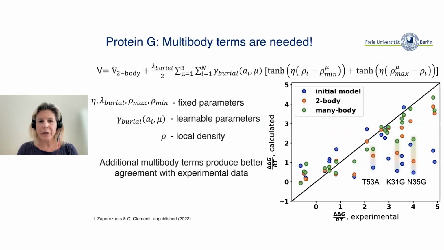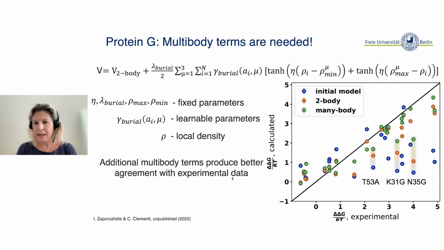So we added multi-body terms in this form, but again, this can be a neural network. And we get a significant improvement in the agreement. This is a clear sign that multi-body terms are essential to reproduce the agreement with experimental data.